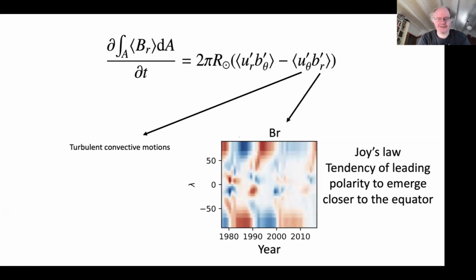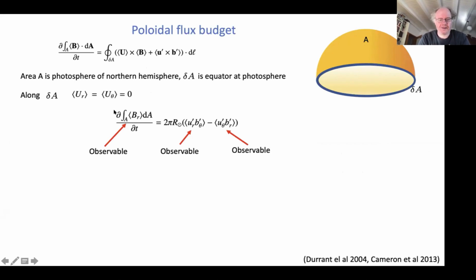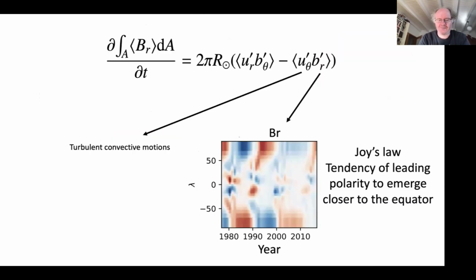In any case, we apply Stokes theorem and we get this equation. We've got two terms because the large scale flow is zero at the equator at the surface. We only have two terms, and these are small scale contributions, like turbulent diffusivity or flux emergence. So the first term actually is turbulent diffusion.